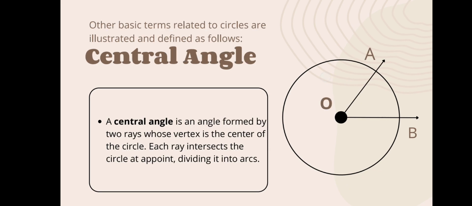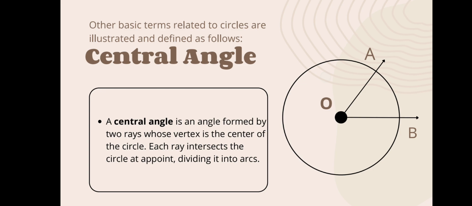Next one is the other basic terms related to circles, which are illustrated and defined as follows. First one is central angle. A central angle is an angle formed by two rays whose vertex is the center of the circle.